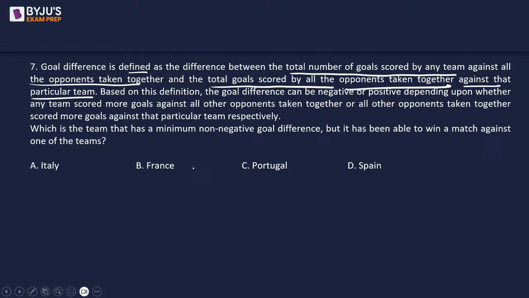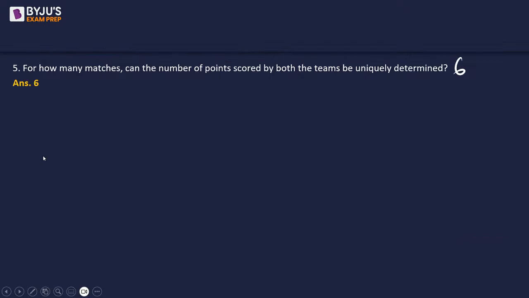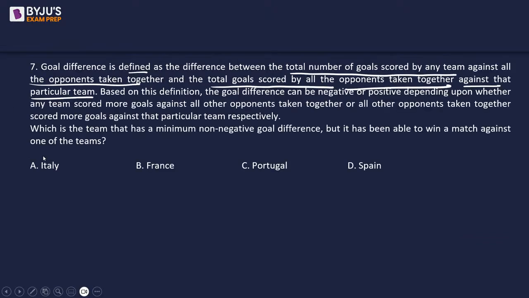Which is the team that has a minimum non-negative goal difference, but it has been able to win a match against one of the teams? Okay, so we need to find out such a team who has minimum number of non-negative goal difference.